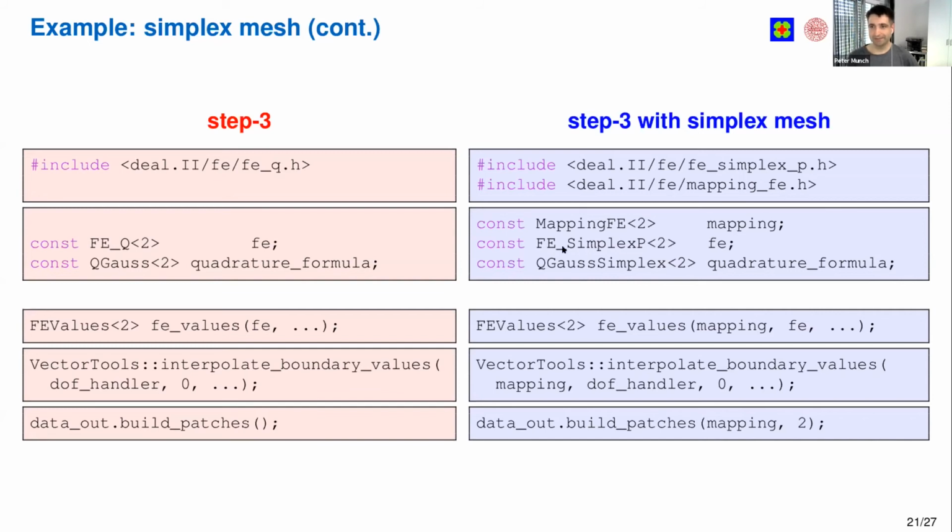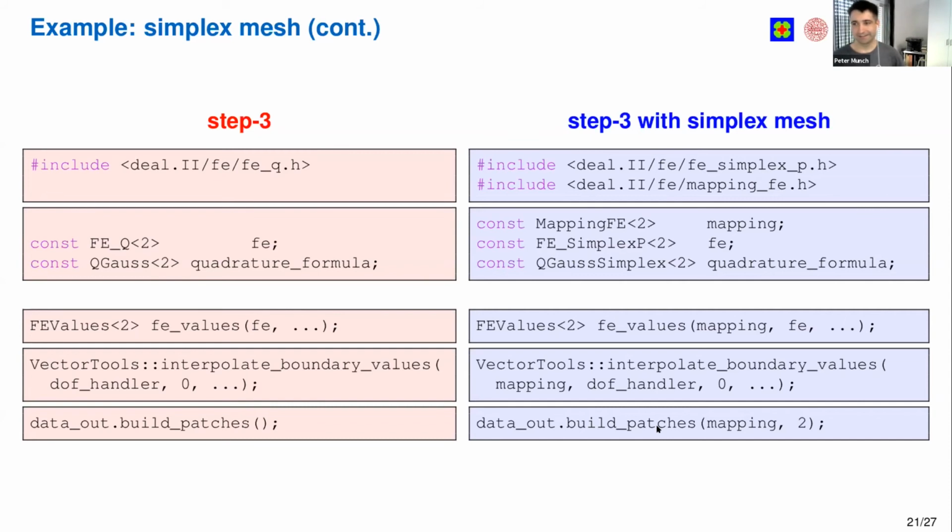So these are these two lines. And what you also have to do is replace the implicit mapping here with another mapping, which works for simplexes. And of course, you have to include the right files. And essentially, that's it. What you have to do here at the bottom is not really related with the simplexes.